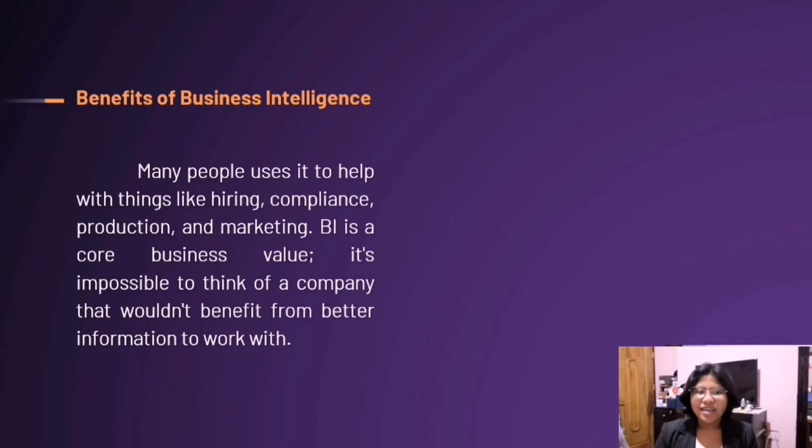So why is it a core business value? Why is it impossible to think that a company wouldn't benefit from better information to work with? This is because it feels unreliable. We cannot trust a company. It feels untrustworthy when a company doesn't use BI for information, that means they are relying on themselves.